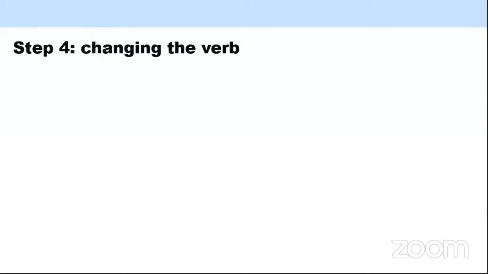What is the tense of the active sentence? It is simple present tense. So in this step, you are going to change the verb of the passive sentence.